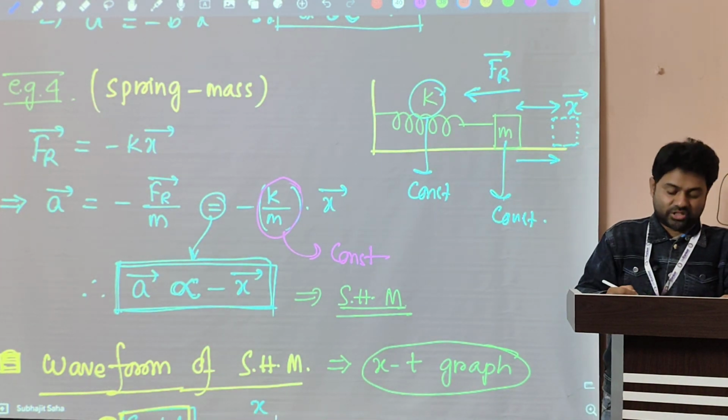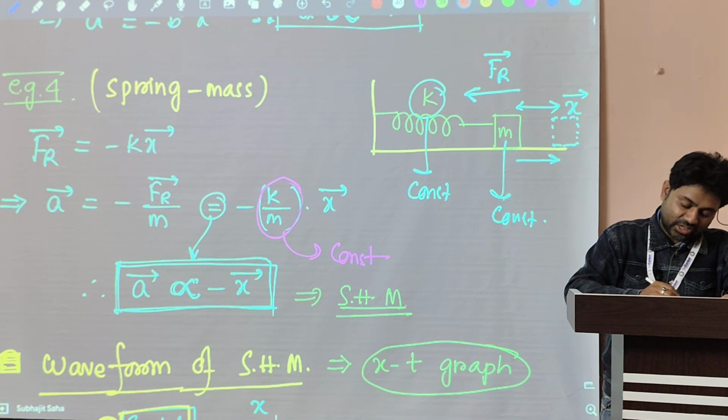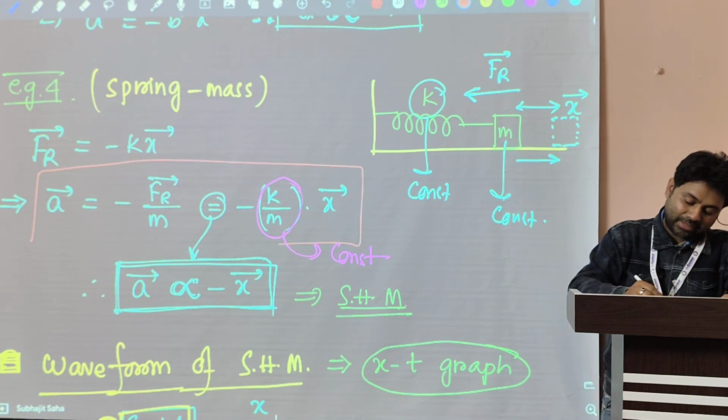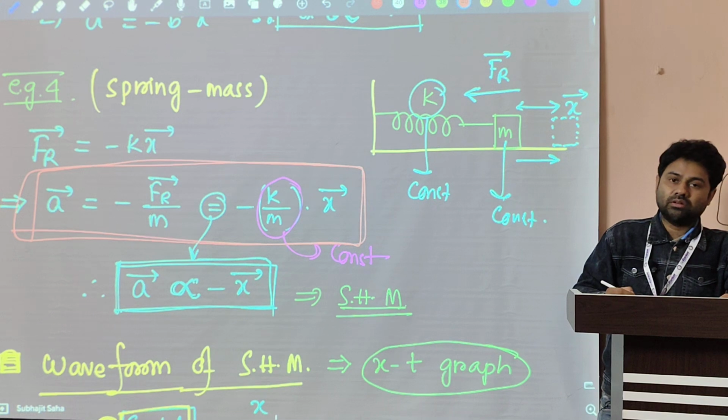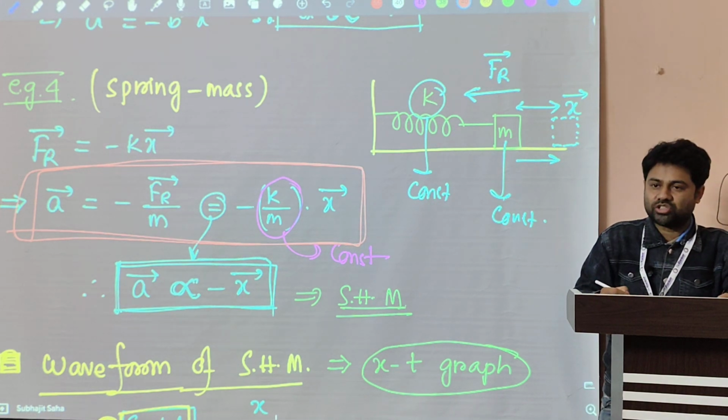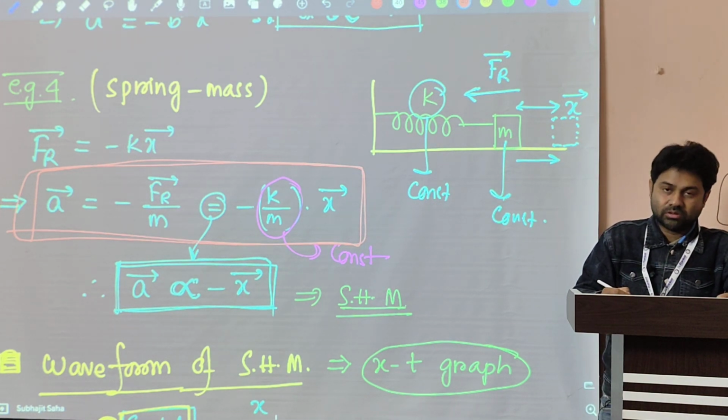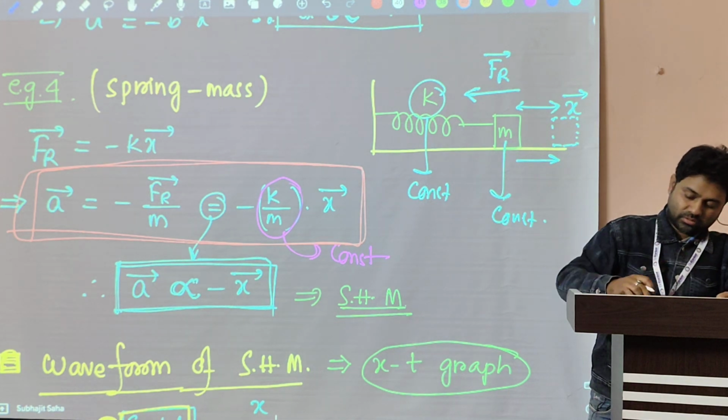We took a spring mass system. We saw that the acceleration is taking the form minus k by m times x, where k by m was constant. We will recall that equation.